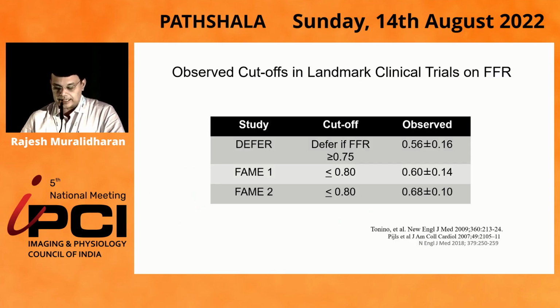But we must understand that although these are the cutoff points that we use in clinical trials, the observed value in large-scale clinical trials is actually quite a bit smaller. In other words, the level at which FFR has been shown to be of benefit is at a much lower level than the contemporary values in use.